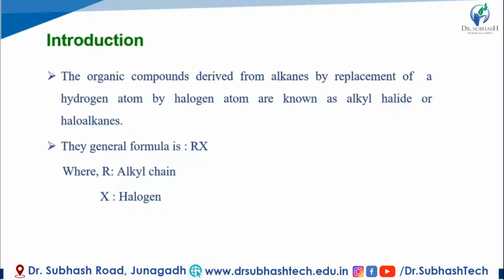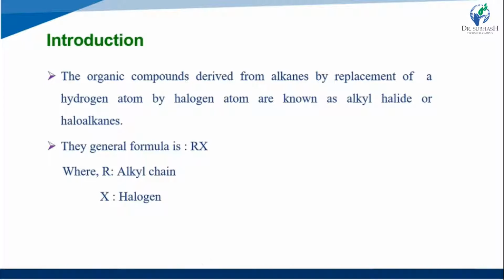Or another definition: any organic compound having any halogen atoms is called the alkyl halide. The general formula is RX. Here R means alkyl chain and X means halogen group.